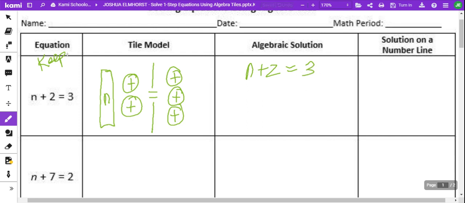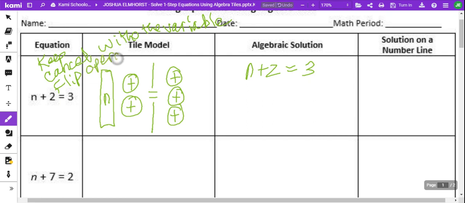We want to keep the variable and isolate it, get it by itself. And we're going to cancel the operation that is happening to the variable, and then flip and do the opposite on the other side.